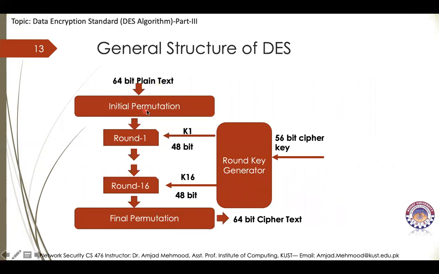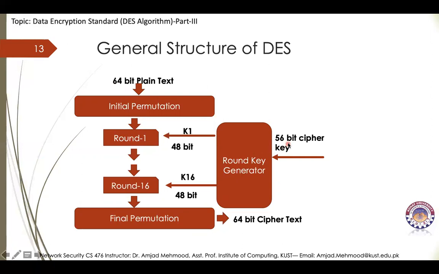As I have explained many times, permutation is a jugglery of bit positions. So the permutation will be performed, and your 64 bits will be left with 56 bits, because one bit will be used for parity checking.